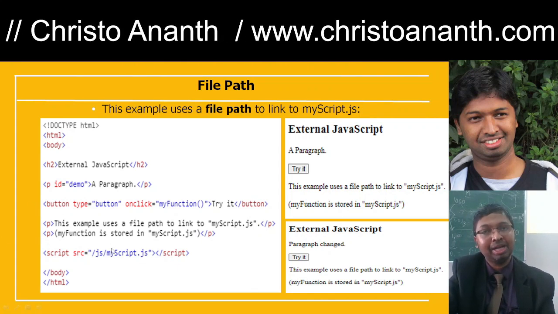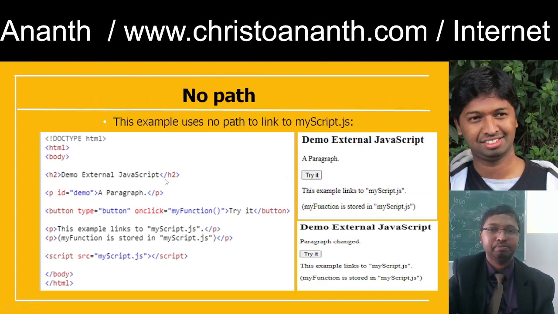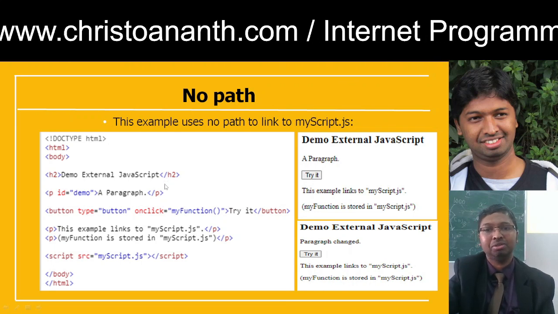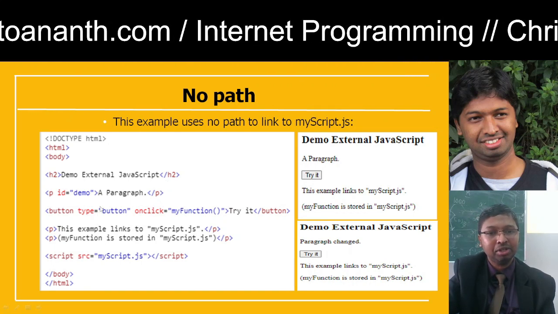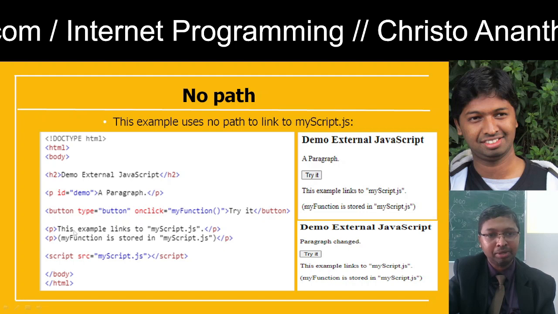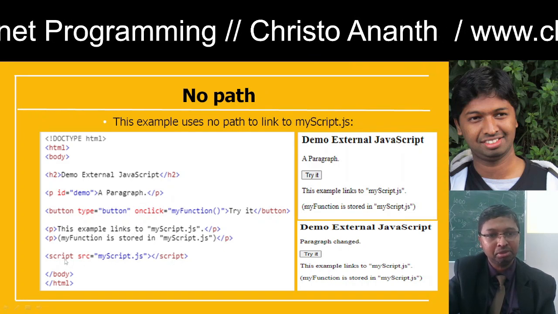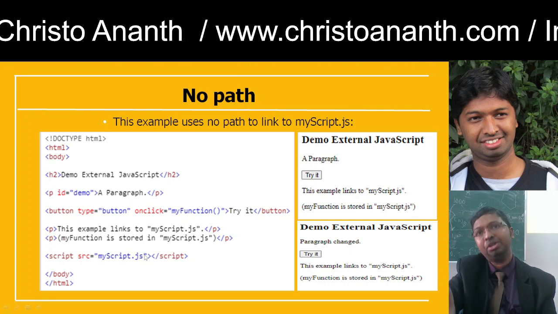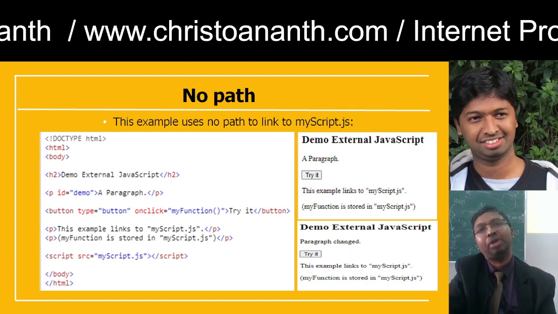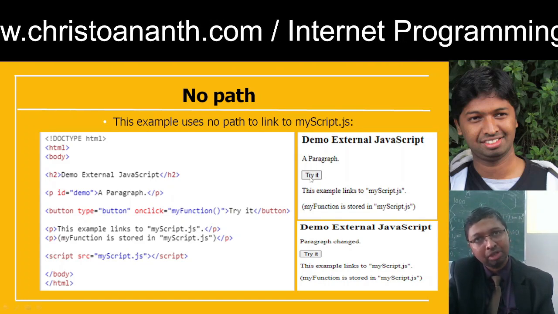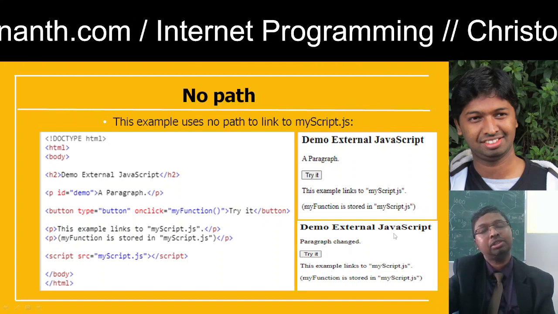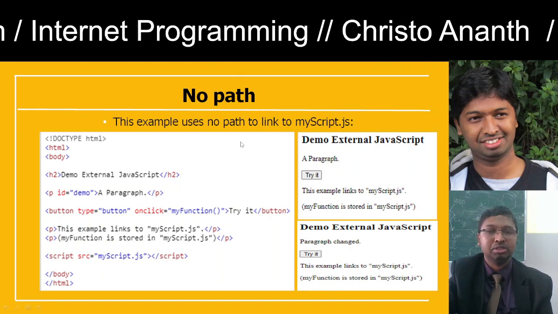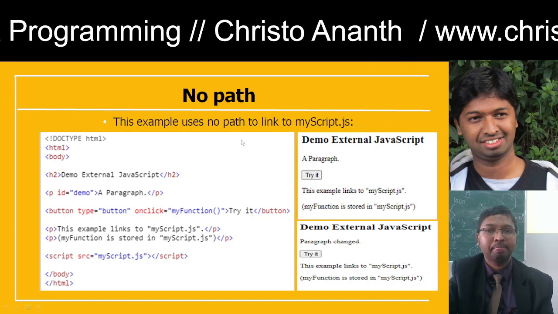So this is the path that you are going to specify, and no path also you can specify. Everything remains the same: script src myscript.js, that's all. You are going to point to it, no path, just point to it. If you click on this Try it button, immediately it will change to "paragraph changed". So this is no path.